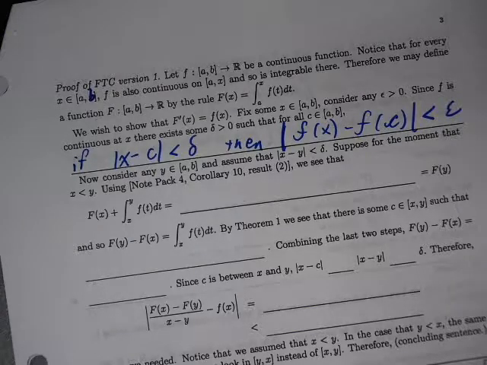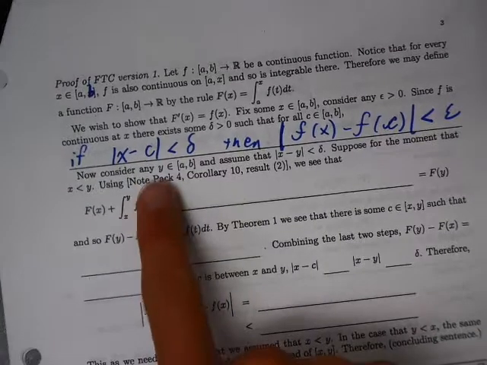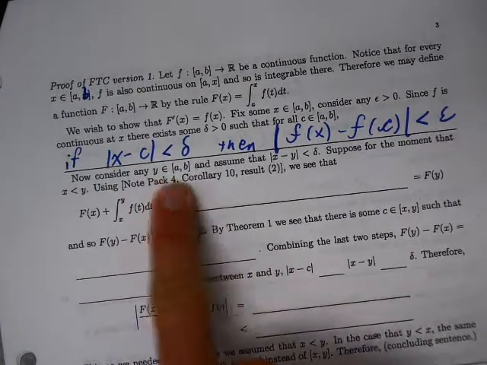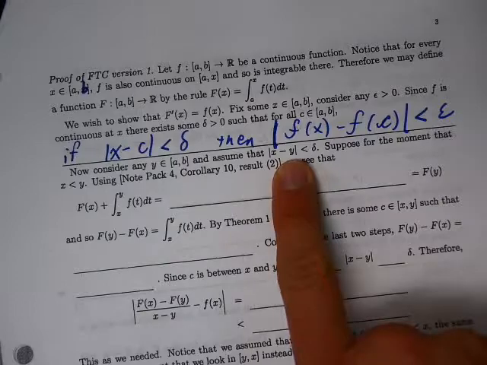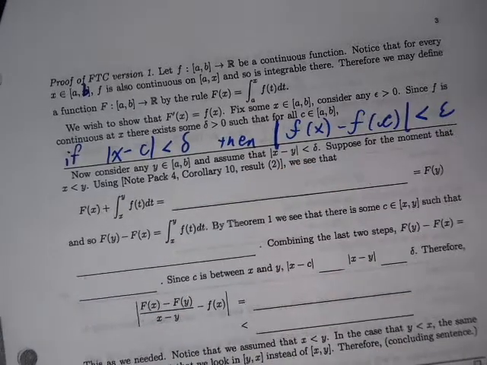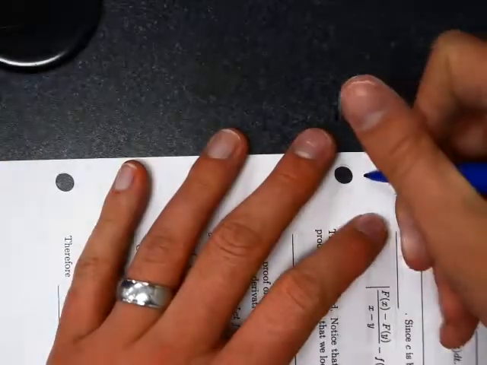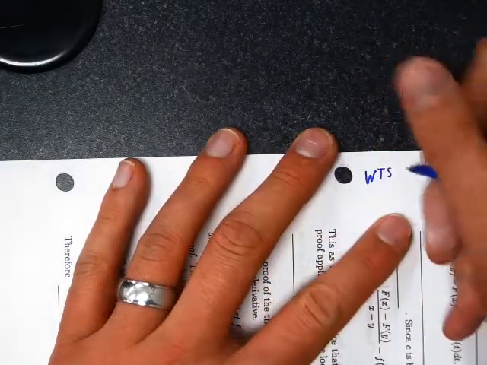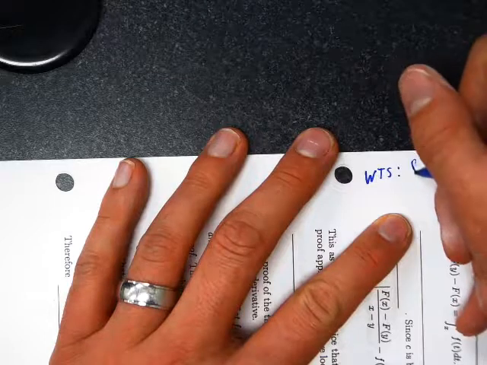Cool. And like I said, I'm going to try to get away with the y going to x definition instead of h going to 0. So let's consider any y in the closed interval from a to b. Let's assume that the absolute value of y minus x is less than delta. Then what is it that I need to show?